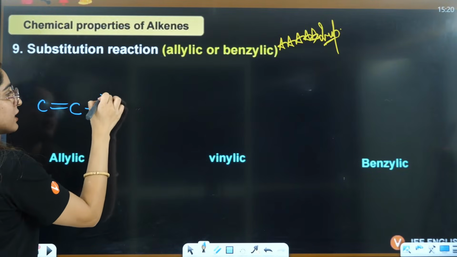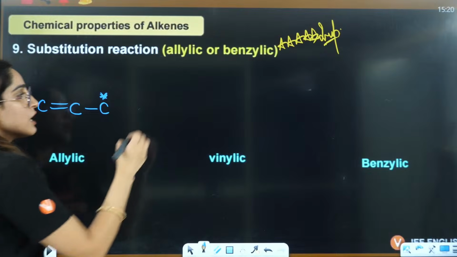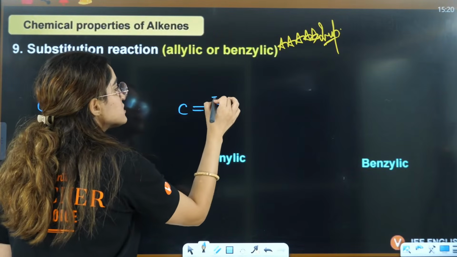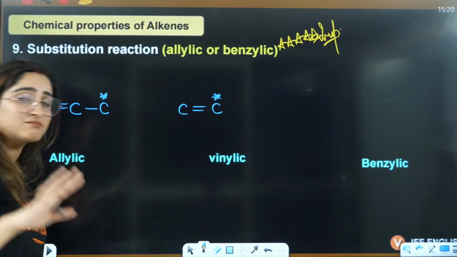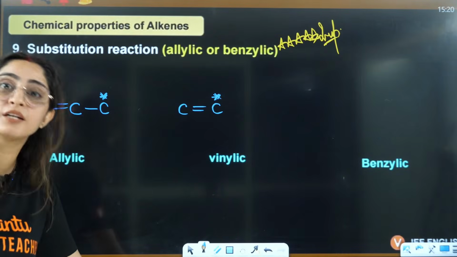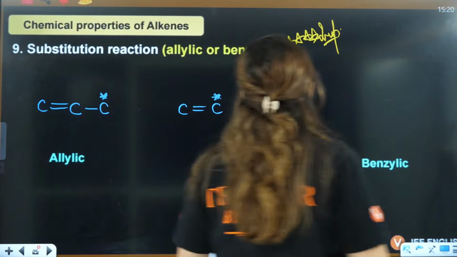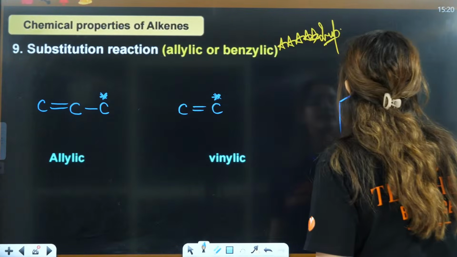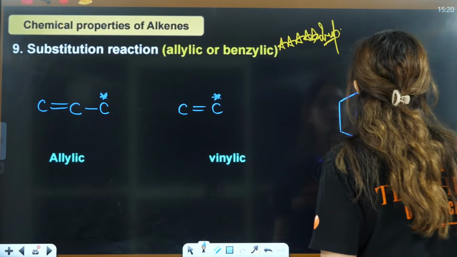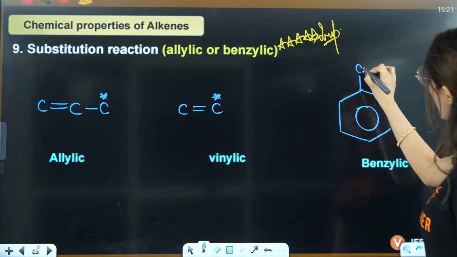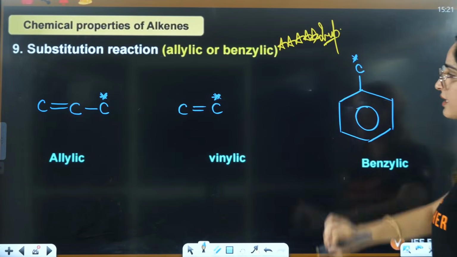This is the allylic carbon. The carbon which is having the double bond is the vinylic carbon. Benzylic is when you have a benzene ring, and the carbon next to it is your benzylic carbon.